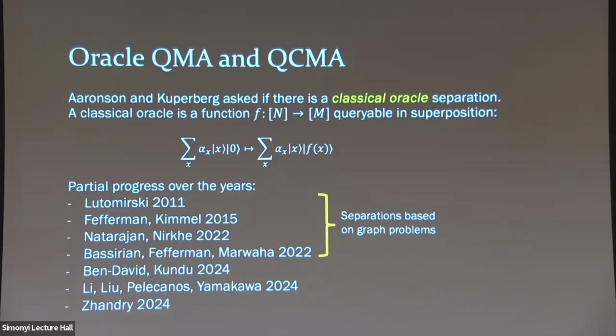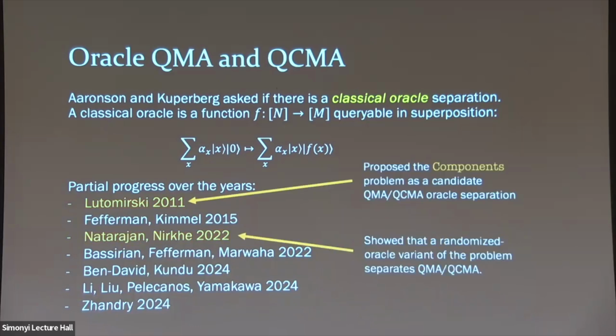These first four results are separations based on graph problems. In particular, this is going to be the foundation for this work. Ludwig Eisenstein proposed something called the components problem, which is to decide whether an exponentially large graph has two disconnected components or a single component. He proposed this as a candidate QMA versus QCMA oracle separation back in 2011.